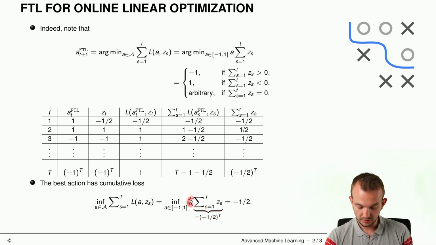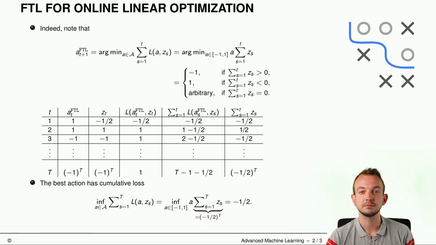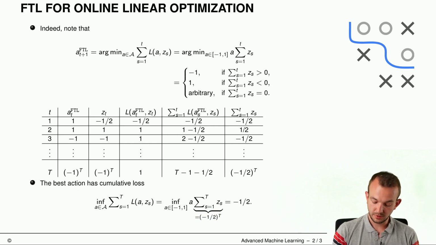And well, in either case, what you will do is you will either choose a +1 if the t is odd, so if you have here in fact a -1/2, and the other way around if it's even, then you would choose a -1. And in both cases, the minimum value will be -1/2.